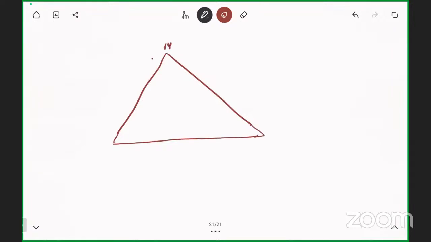Okay. Second trick, you can use it by making a triangle. First write 14, then 13, 12, 11, 10, 9. Here we have 8, 9, 10, and 11.